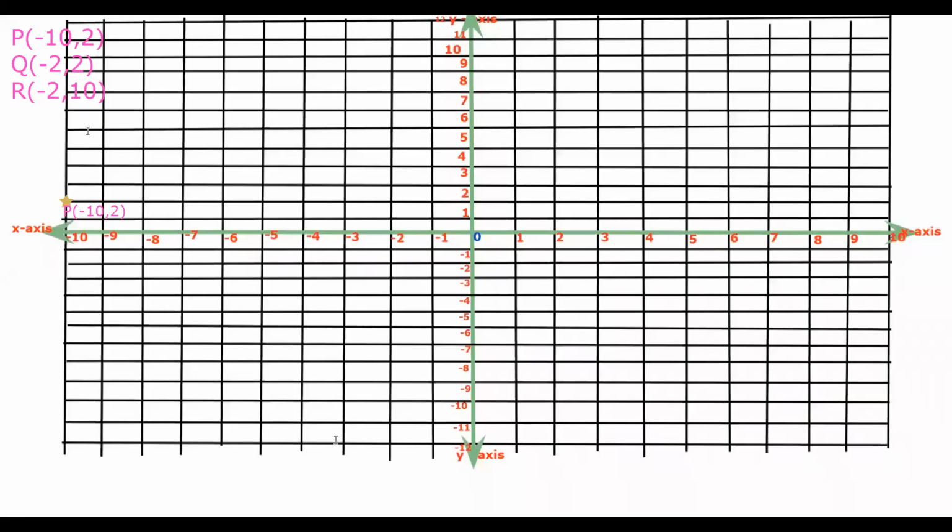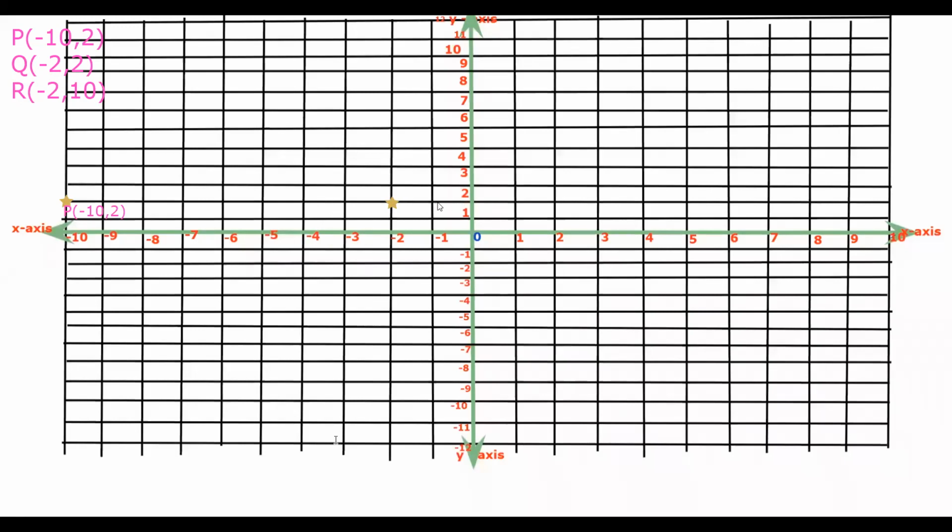Now, let's plot the other one, which is Q. Point Q here is formed by negative 2 and positive 2. So we have the negative 2 here, and then the positive 2 on the y-axis will be this line. This line is 1 and this one is 2.